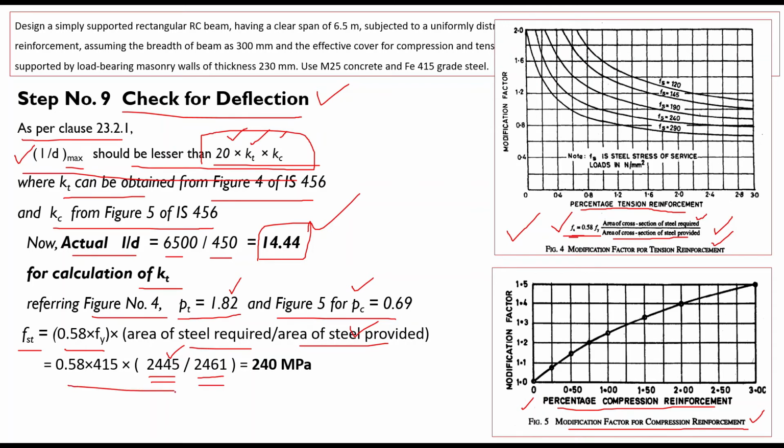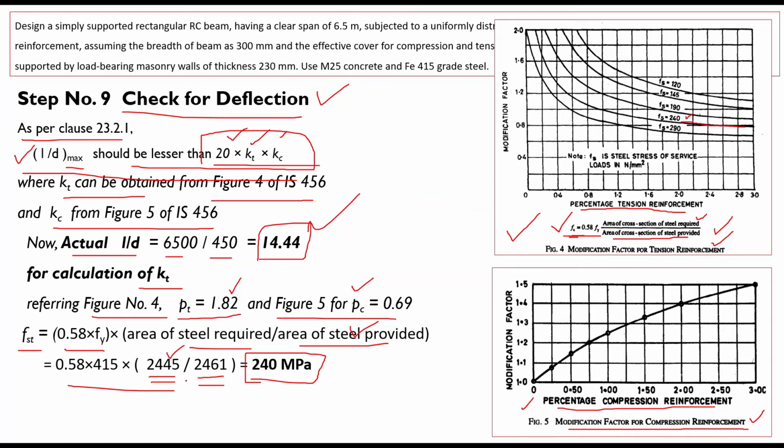After doing the calculation you get the Fst value 240. So now you have to select the curve, the second curve which belongs to Fs 240.